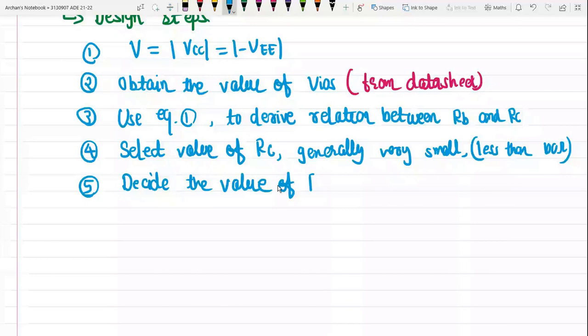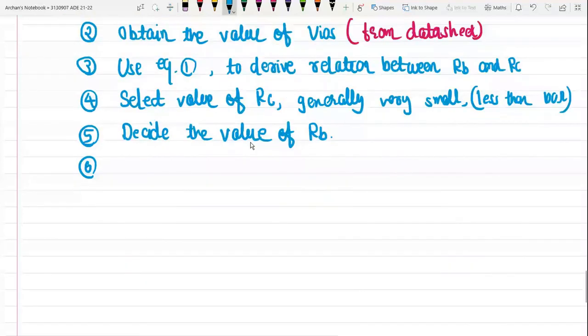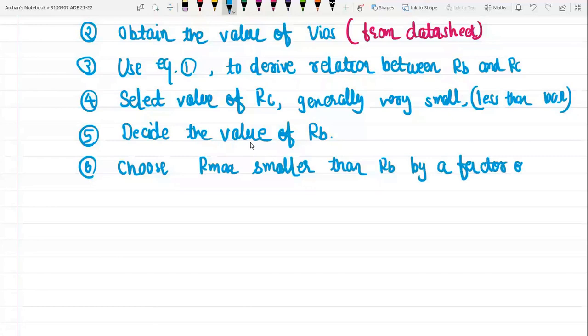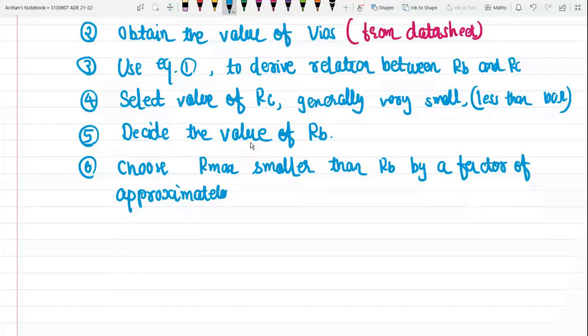We will choose the value of R max smaller than RB by a factor of approximately 1 by 10.